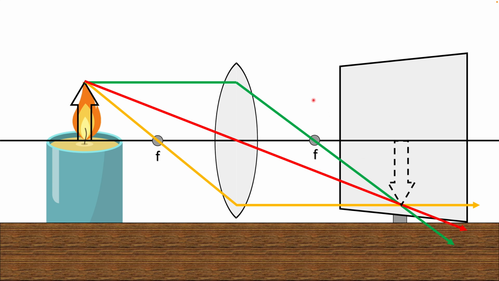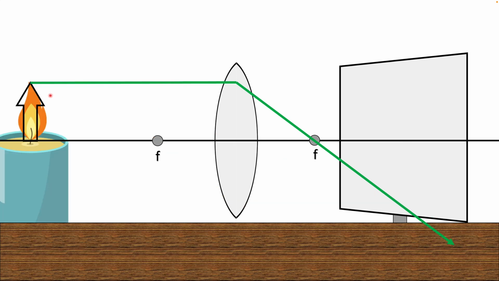Let's show that if we move the candle or object backwards here, I'm going to keep ray 1 the same because no matter where I put the arrow along the principal axis, this ray stays the same. The other rays are going to be changed though. The angle to the focal point has changed, so I need to redraw ray 2. We can see that the intersection is closer to the lens and it looks like it is less far from the principal axis.